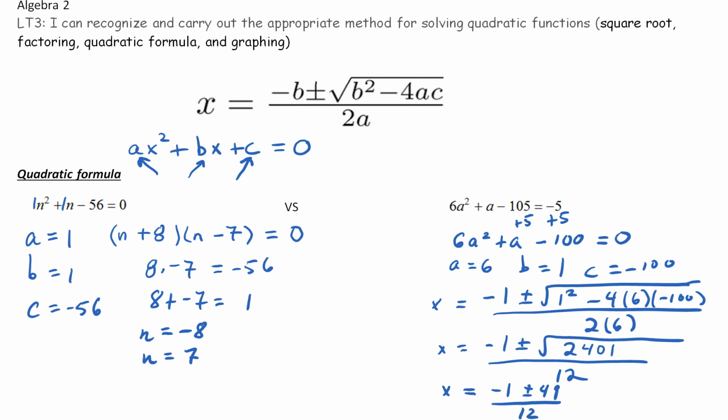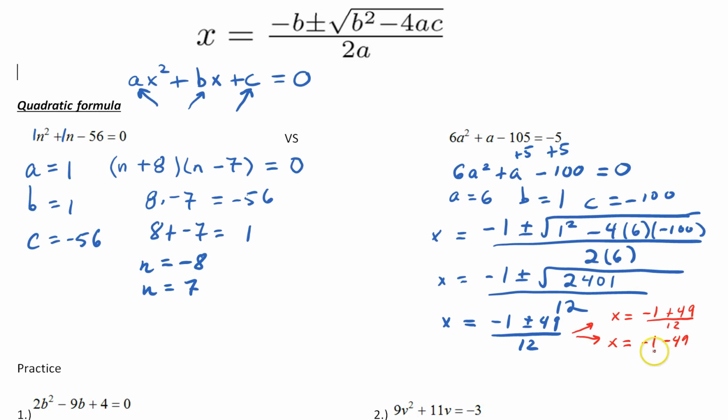So now this takes us in two directions. One will be x equals negative 1 plus 49 over 12, and the other one would be x equals negative 1 subtract 49, all divided by 12.